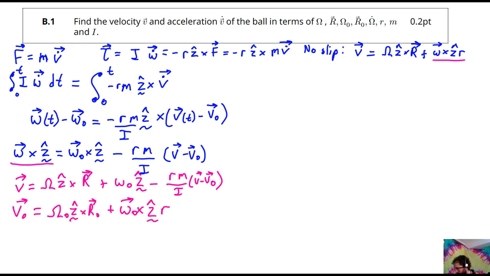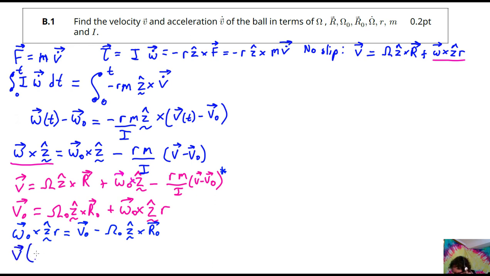Now I want to rearrange that for the omega naught cross ZR term, and that will give me this. Now if I have a look at this line here, I'm going to solve that for v, and make a substitution for omega naught at the same time. Apologies, I missed that omega naught should be crossed with Z.